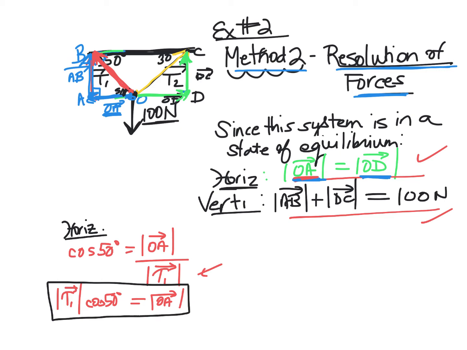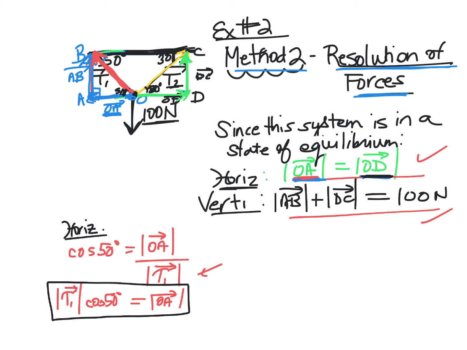In the green triangle, I don't have any angles, but I have this angle up here that is 30 degrees. So the Z pattern tells me that this angle inside the triangle here is also 30 degrees. So if I want to involve the OD vector along with the tension 2 vector, again I can use cos, right?